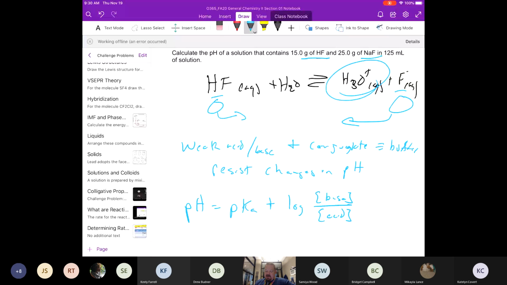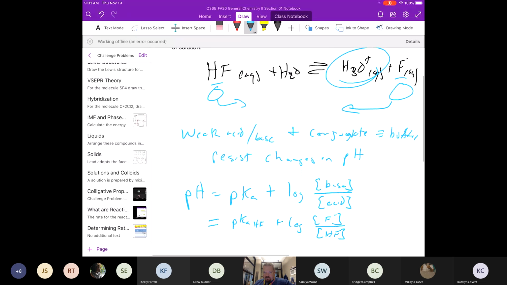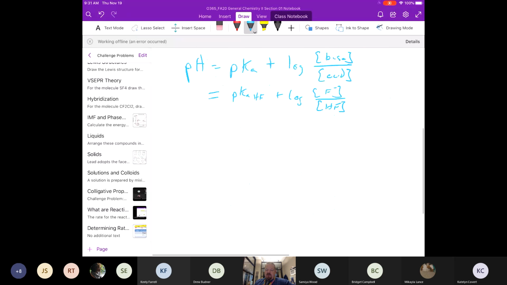In this case, the pH is going to be equal to the pKa of the HF plus the log of the base, which is the F minus, divided by the acid, the HF. So we have to take this information and calculate concentrations, because in the Henderson-Hasselbalch equation we are going to talk about pH.